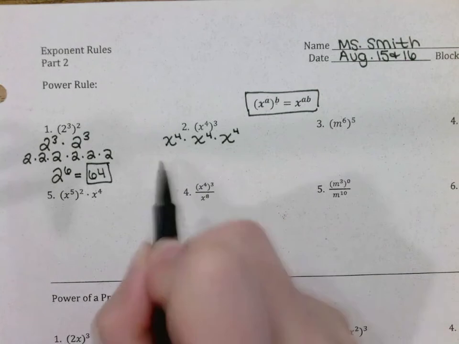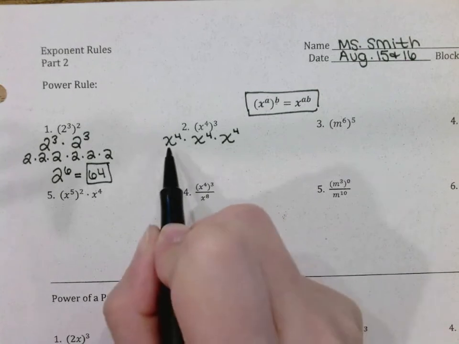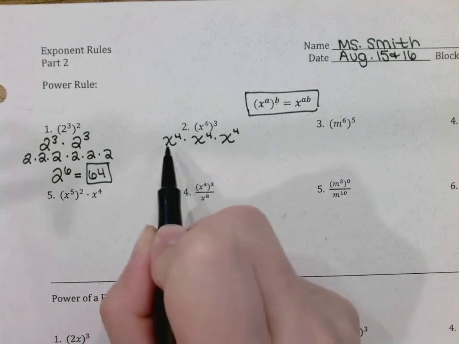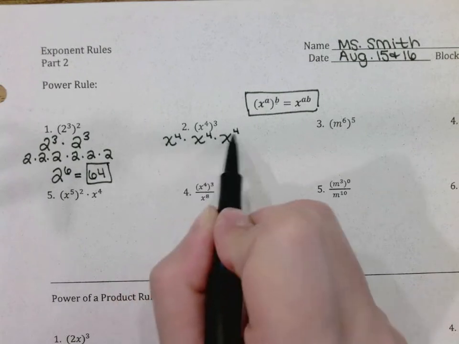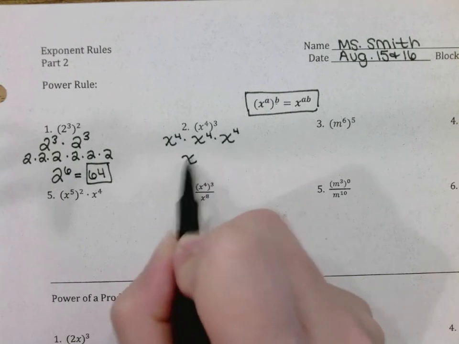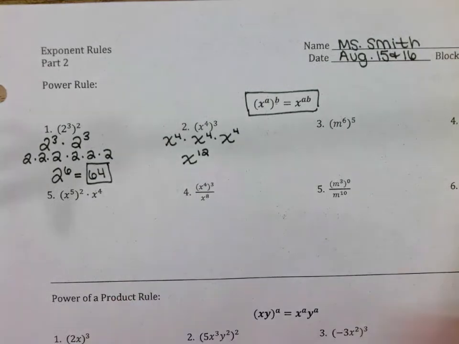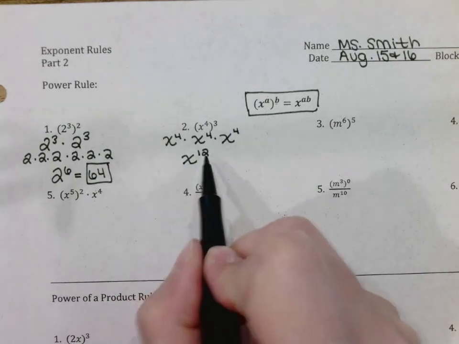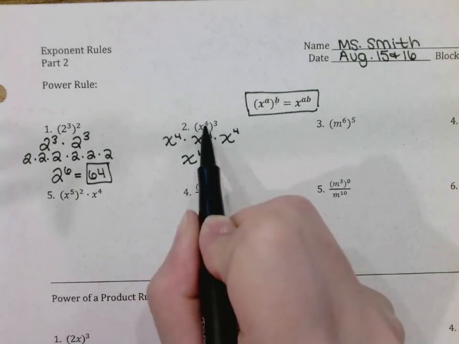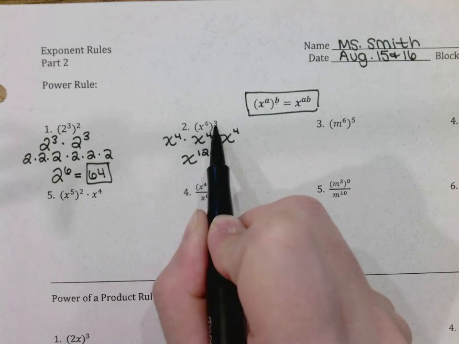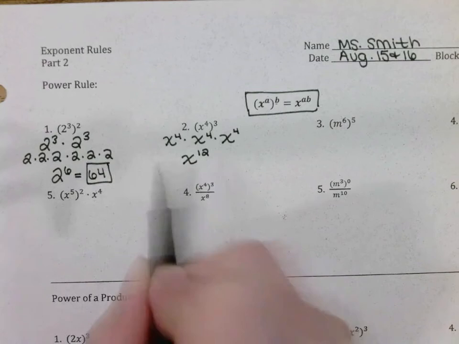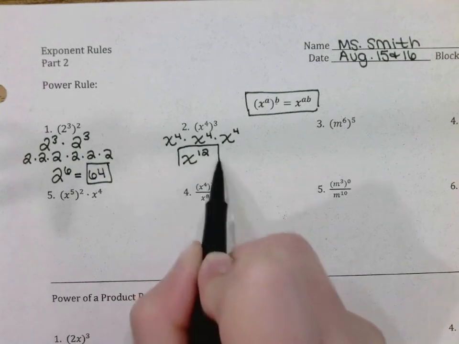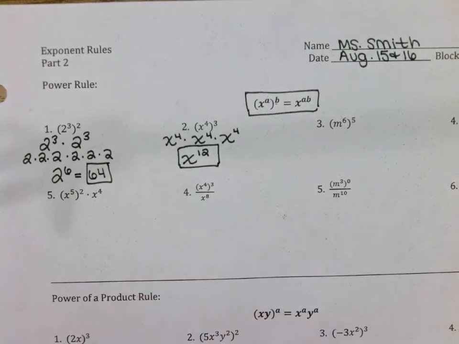Or you could even think back to the product rule, which says if we're multiplying terms with the same base, we add exponents. So 4 plus 4 plus 4 gets us 12. And of course, we could get that 12 a lot quicker just by using the power rule that says if we're raising an exponent to another exponent, we just multiply. So 4 times 3 gets us that 12. And so x to the 12th, that is our final simplified answer.